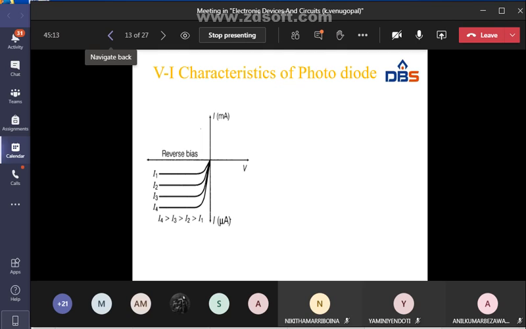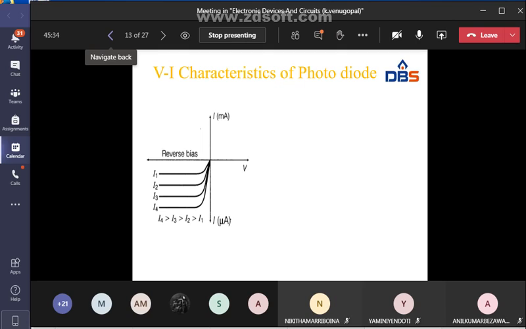These are some of the applications of the photodiode.